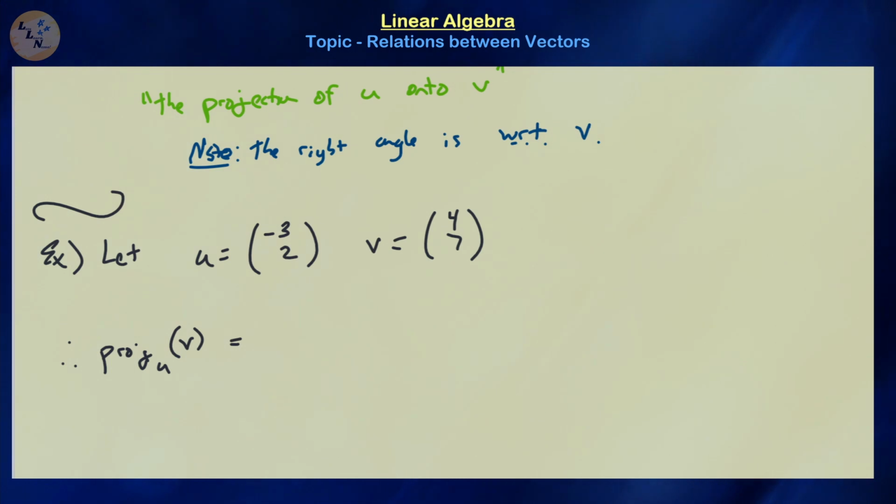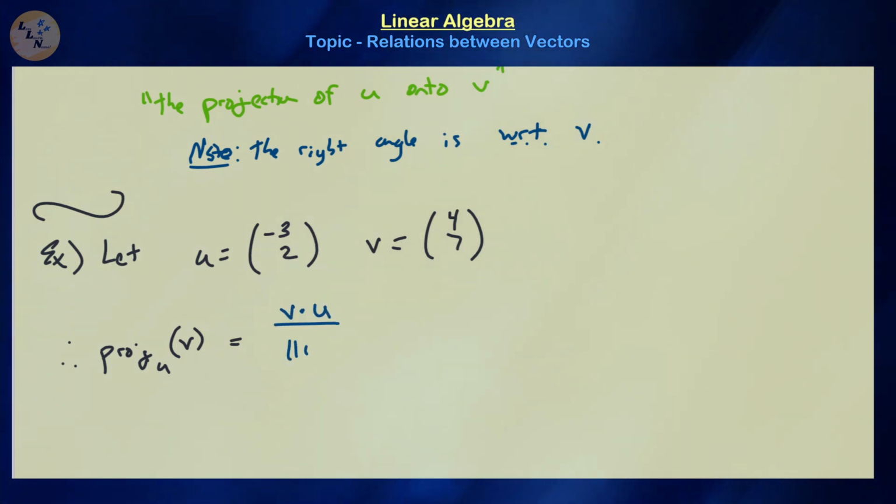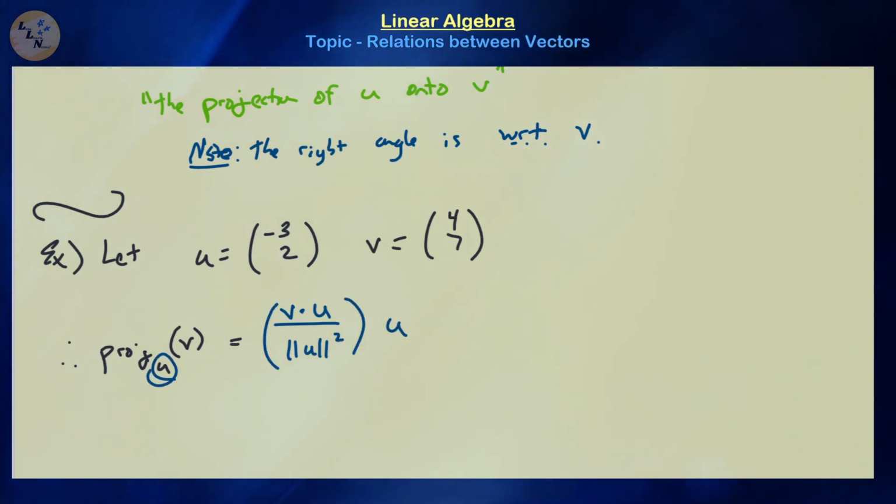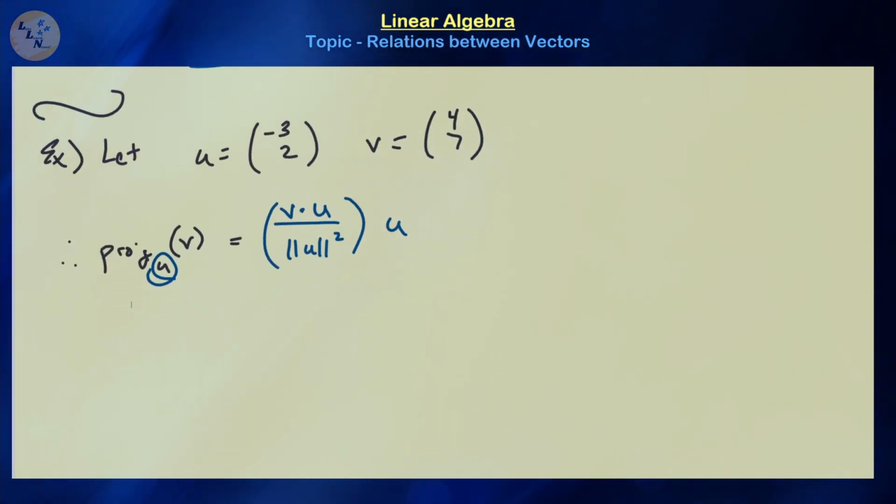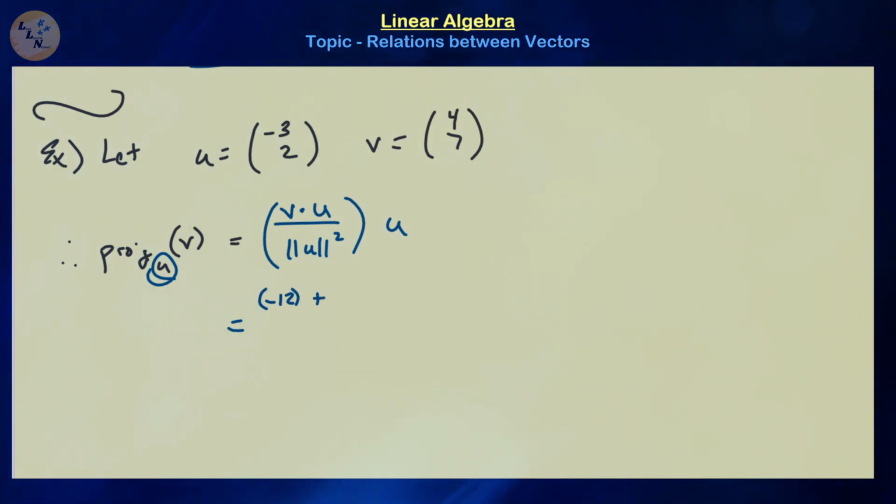That's going to be, via the formula we derived, the dot product of v with u divided by the norm of u squared, times u, because that's the vector we are scaling in this particular picture. So what is the dot product of v with u? It's the same as the dot product of u with v, but let's do it in that order to keep our minds in the same direction. That's -3 times 4, which is -12, plus 2 times 7, which is 14, divided by the norm of u squared.